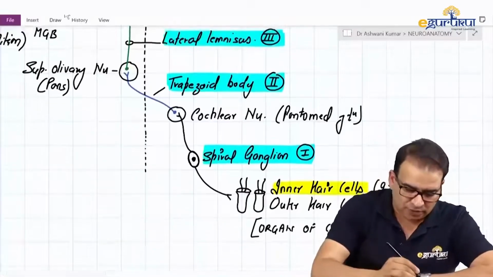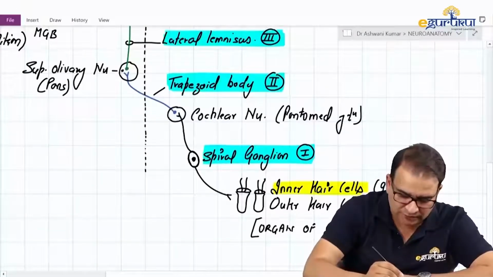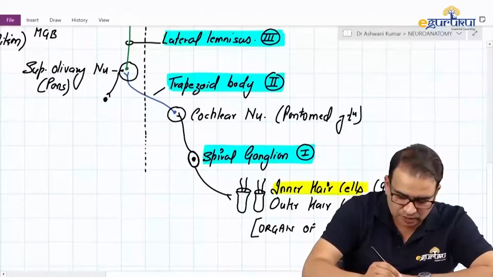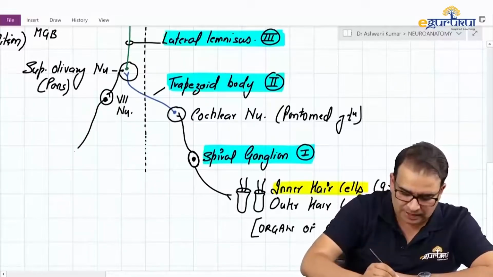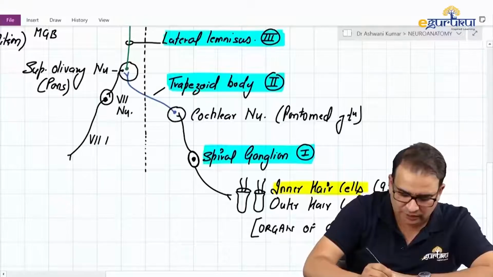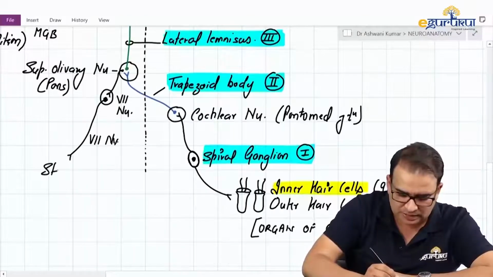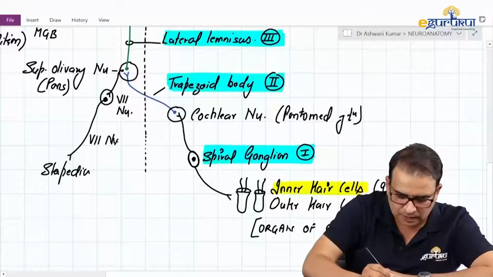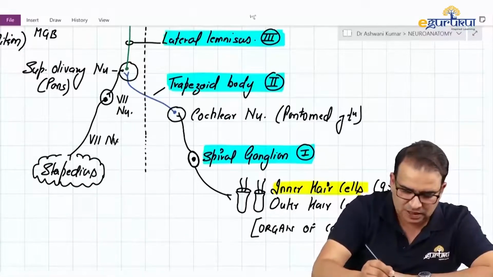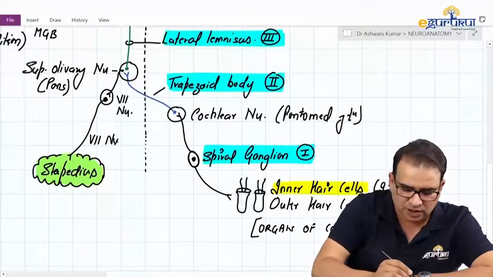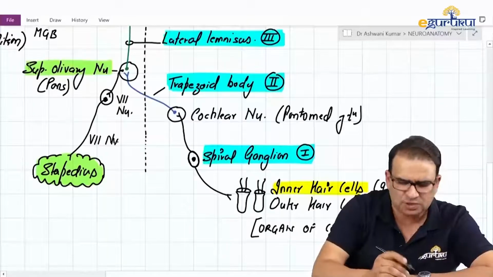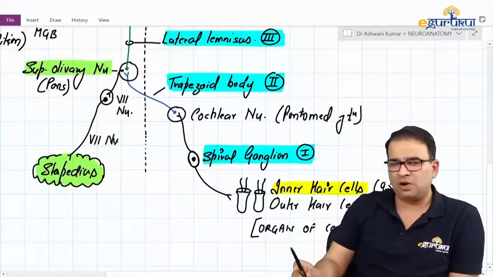That's why from this superior olivary nucleus, you will see fibers projecting to the facial nucleus, which is in the pons only. And then obviously the facial nerve will come out, and we know that the facial nerve is going to supply the stapedius muscle. So please note that if the question asks what is the center for stapedial reflex, your answer will be superior olivary nucleus, or superior olivary complex, as they also call it.